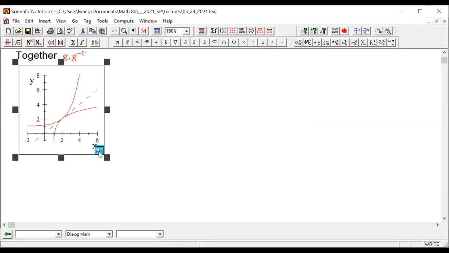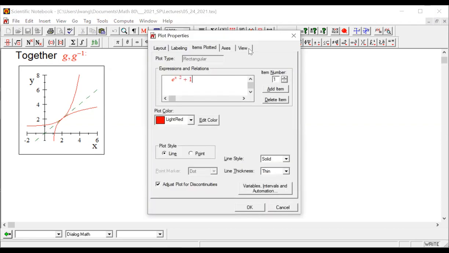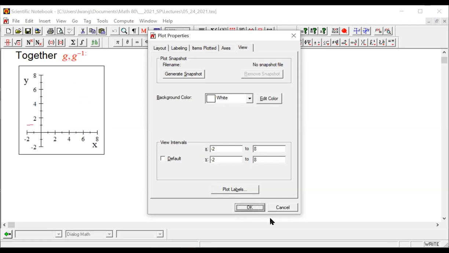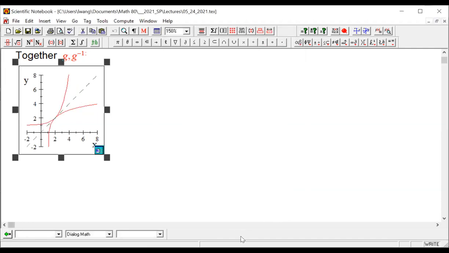I'm going to make this piece a little bit more, so that's 8. So that's the G. This is G, and this is G inverse.